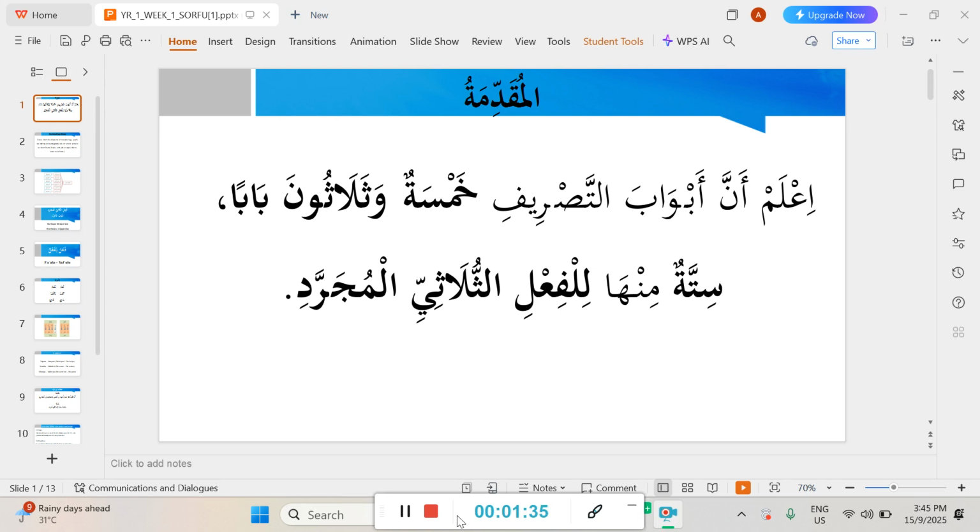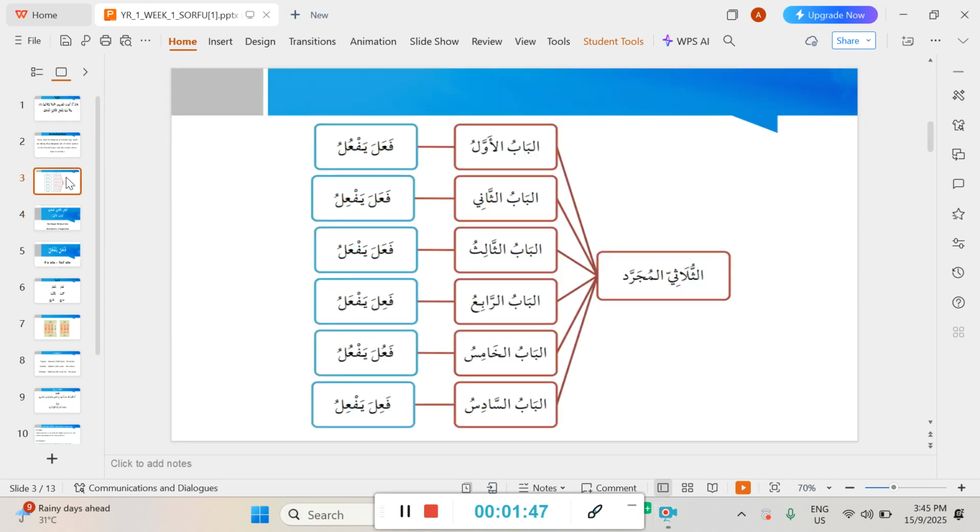So if you subtract 6 from 35, it remains 29 patterns left. Now, these are the abwab. These are the 6 abwab under the simple or basic triliteral verb, al-fi'lu al-thulathi al-mujarrad.